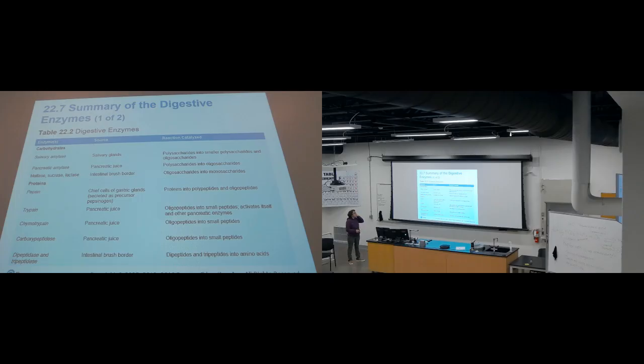So here is the table showing you the different enzymes and their actions. And again, when it comes to these pancreatic enzymes, which come from the pancreas in the pancreatic juice, which includes bicarbonate, water, and all these enzymes, these enzymes will be inactive. This is what we call the zymogen.